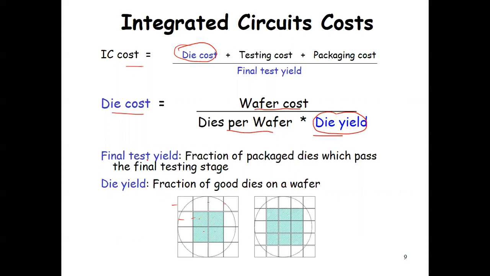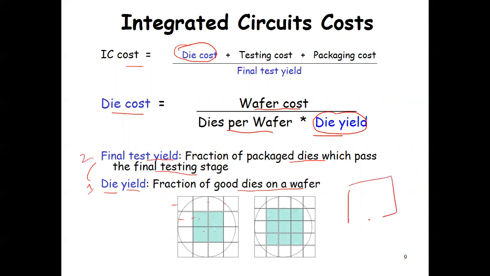So what is final test yield? Final test yield is the fraction of packaged dies which pass the final testing stage, right? And die yield is the fraction of good dies on a wafer. This step comes before that step.